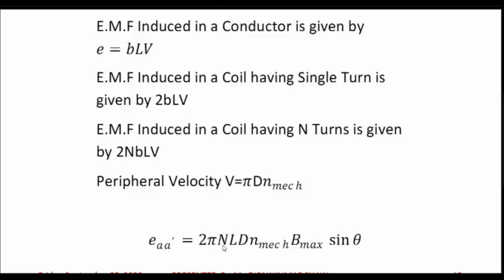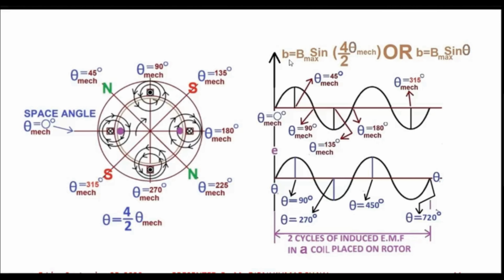Now you simply substitute the value of the peripheral velocity, that is pi d n mechanical, and you substitute the value of B. What we have seen is that the flux density B is changing in a sinusoidal way along the air gap periphery. So it is given by B max sine theta.